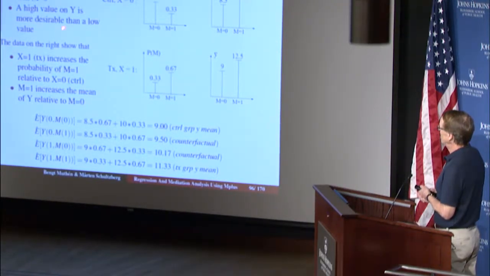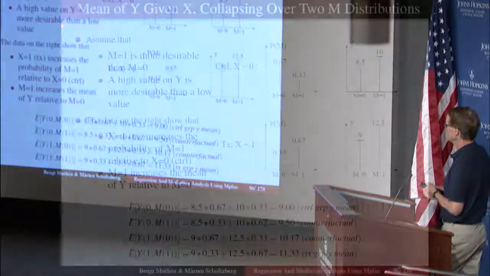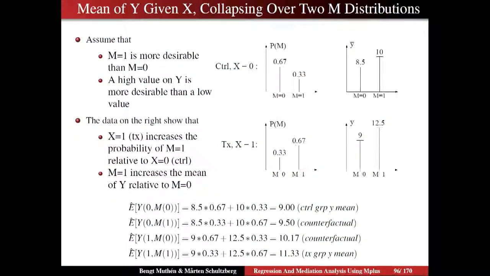So first of all, assume that m equals 1 is the more desirable outcome for m than m equals 0. And assume that a high value of y is more desirable than a low value. So for instance, if we look at the control group here, x equals 0, that's a normative behavior, normative distributions.